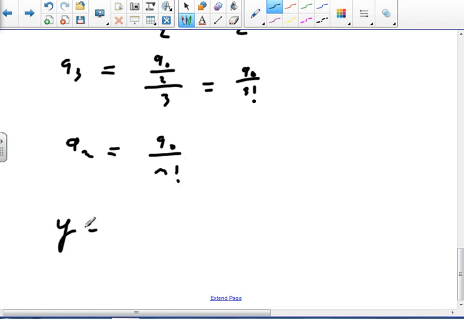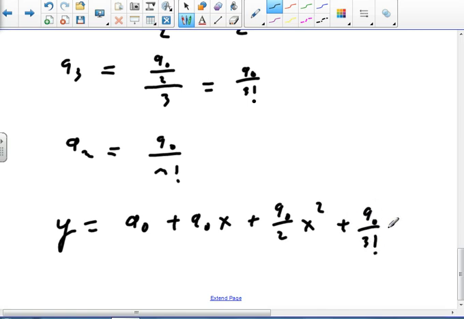So y is going to be a0 plus a0x plus a0 over 2 x squared plus a0 over 3 factorial x cubed, and so on, a0 over n factorial x to the n, going out to infinity now.